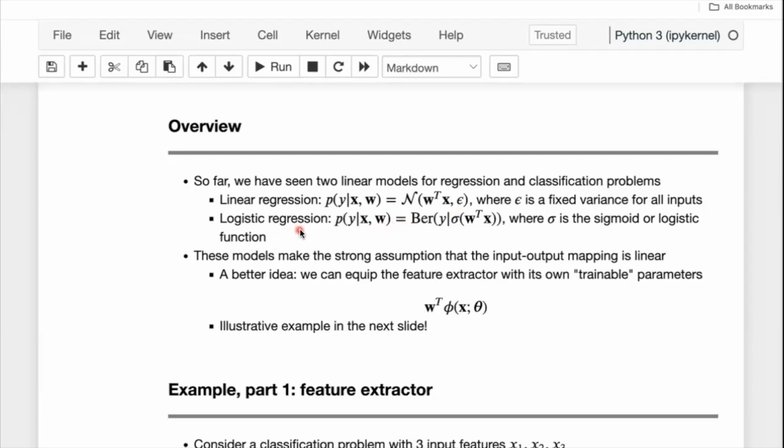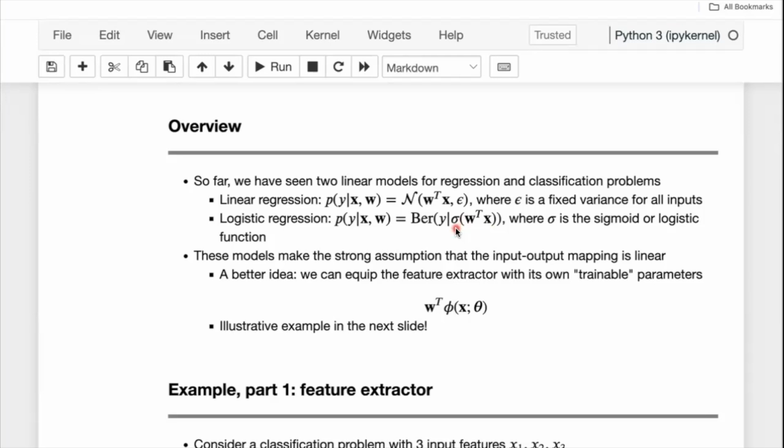In the case of logistic regression, because this is a classification problem, recall that in the most basic form, y can only take two possible values, 0 or 1. And therefore, we model this probability using a Bernoulli distribution with a parameter that is a function of w and x. Similarly, because this is a linear model, we have the dot product or inner product between w and x. But because now we need a probability value, a probability score, we use the sigmoid or logistic function.